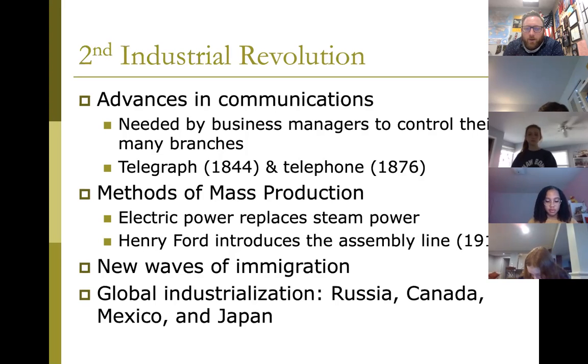And so the combustion engine, and then the creation of the assembly line, is going to make automobiles way more affordable. And then that subsequently causes people to move around, and you're going to move to places where you have job opportunities.